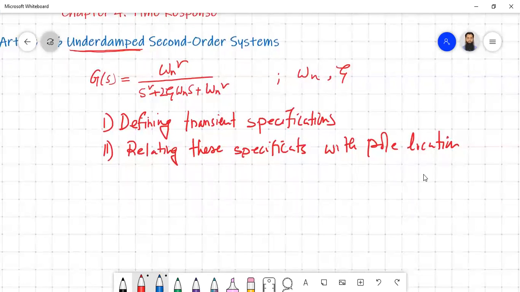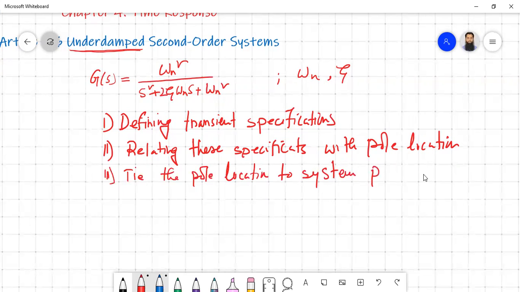So how the desired response determines the required system components. Based on that, you have to tie the pole location to system parameters. So let's see how it goes.